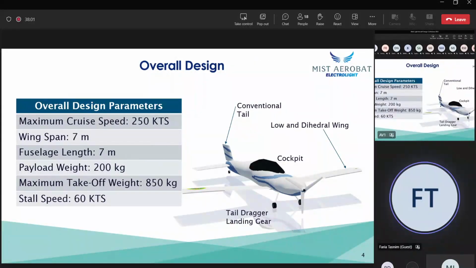Our overall design parameters are on screen, which include a maximum cruise speed of 250 knots and a stall speed of 60 knots. The aircraft has a wingspan of 7 meters and a fuselage length of 7 meters. The payload of 200 kg can be replaced by a pilot and a battery of 86 kg weight, as mentioned in the mission requirements.